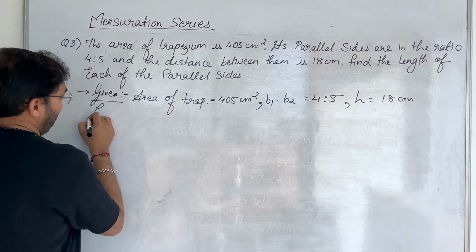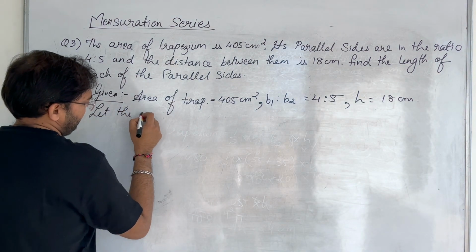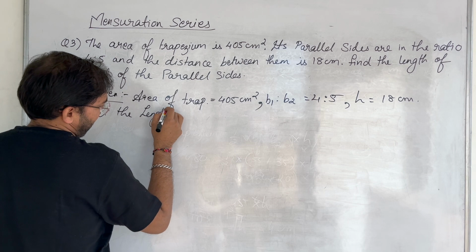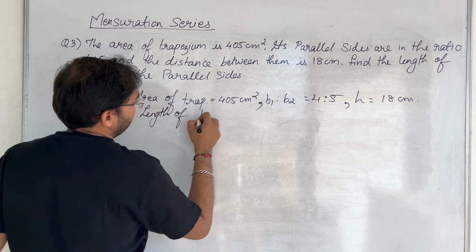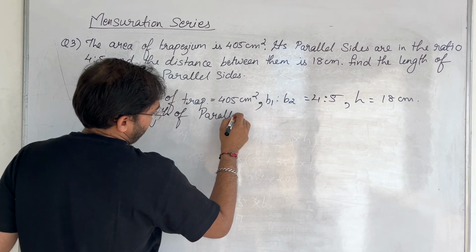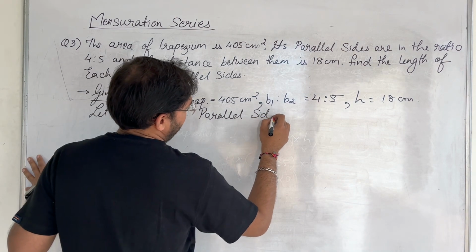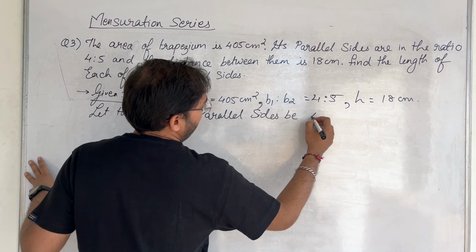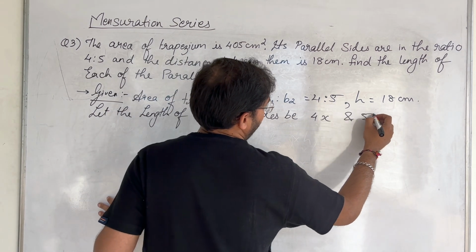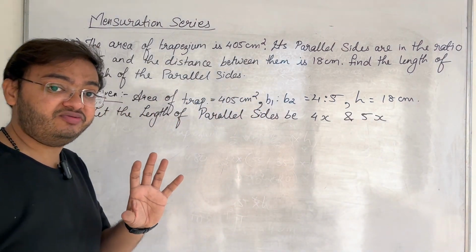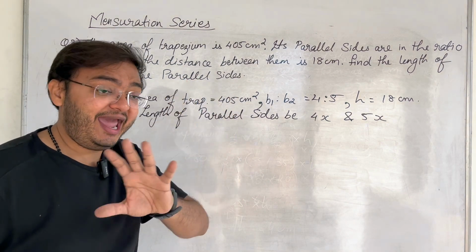So here we are going to write, let the length of the parallel sides be 4x and 5x, because I told you that ratios we will always represent in the form of x.